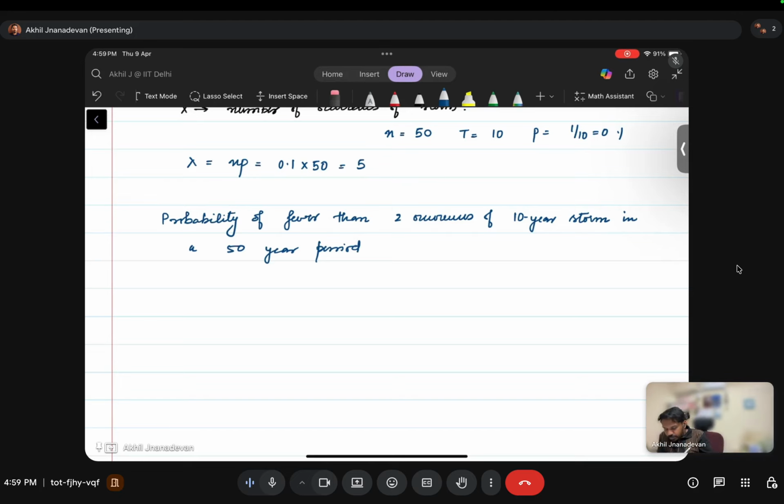So this can be written as P of number of occurrences less than 2. That is the probability of X less than or equal to 1, that is P of X equal to 0 plus P of X equal to 1.